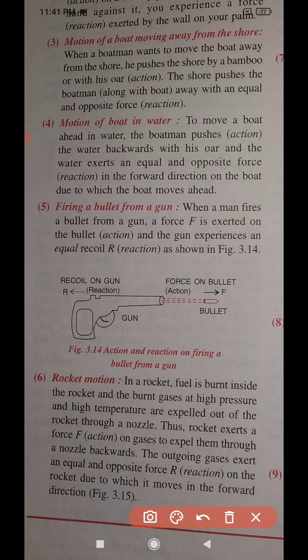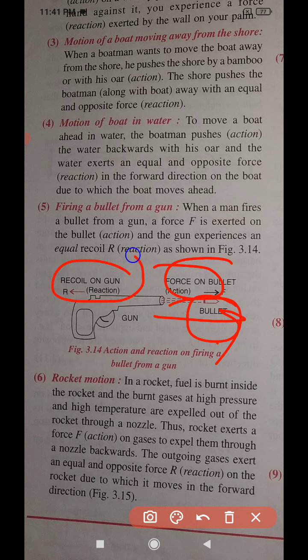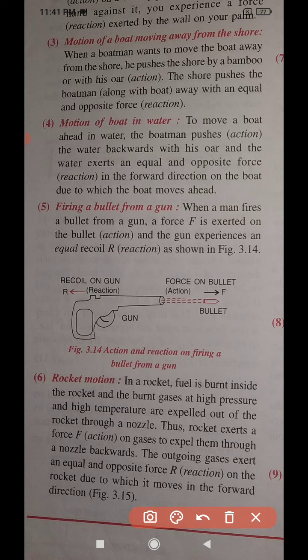Remember this is very important: first the force is given on the bullet by the gun, and that is the action force. Similarly, when the bullet goes out, it applies an equal and opposite force on the gun, known as recoil on the gun. So the gun moves backward; that is the action and reaction when firing happens.